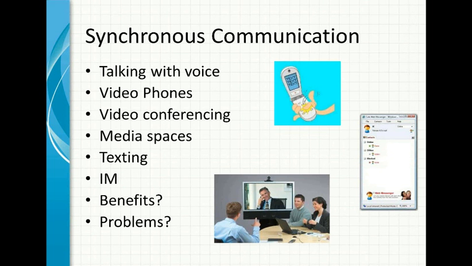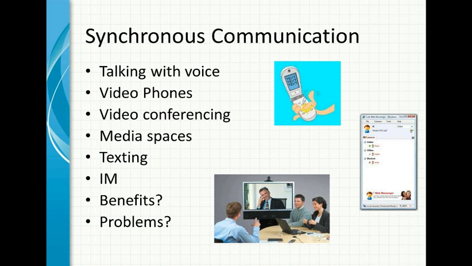Texting, IMing. The benefits to synchronous communication are that it's instant. You're instantly getting a response. It's like having a conversation with someone face-to-face. Some problems with this is that most of the time it's through the internet. So even if you have video conferencing or you're texting or you're talking through IM, it is instant.